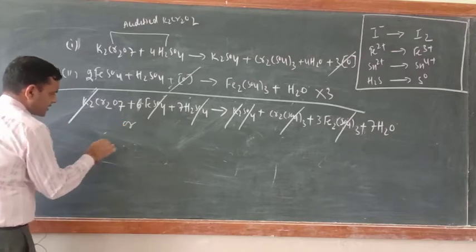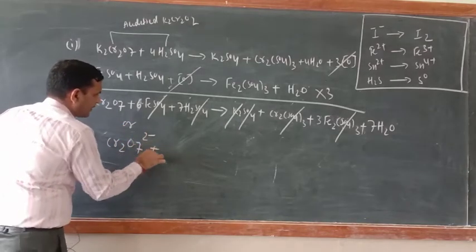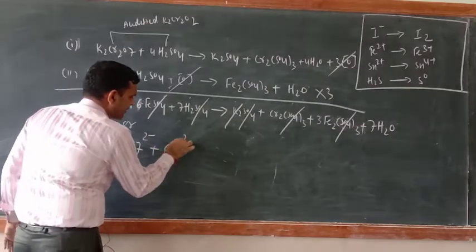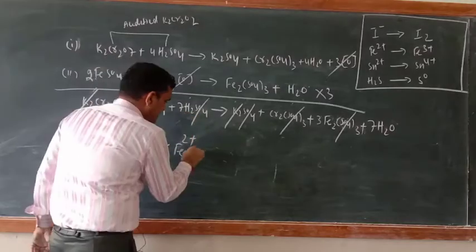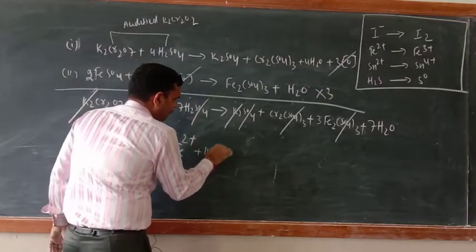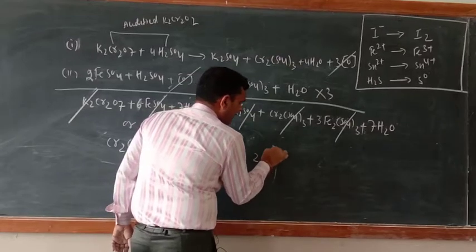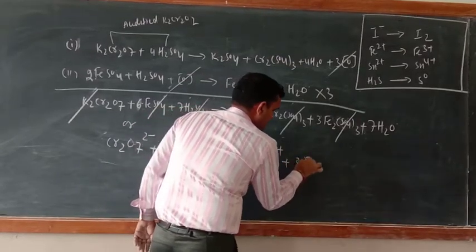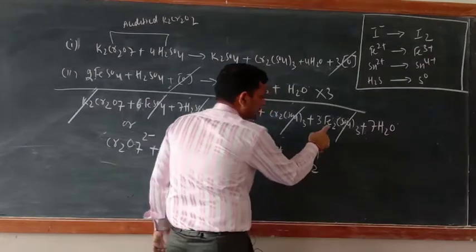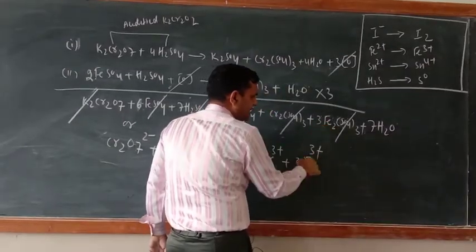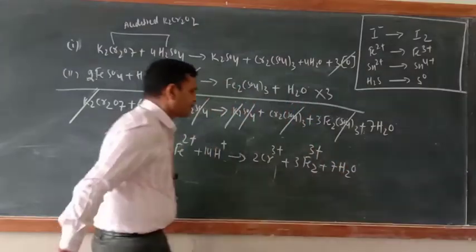This is Cr2O7 2 negative plus 6 Fe2 positive, because here this is ferrous, plus 14 H positive. Now here what is there? 2 Cr3 positive plus 6 Fe3 positive, correct? The oxidation state of iron is here plus 3, plus 7 H2O. This is balanced also.